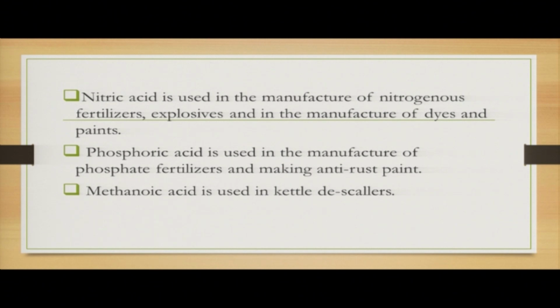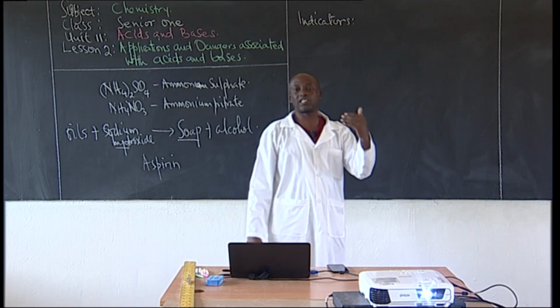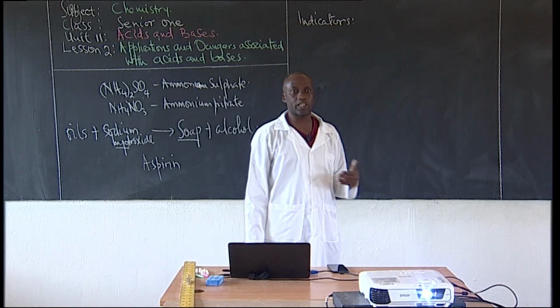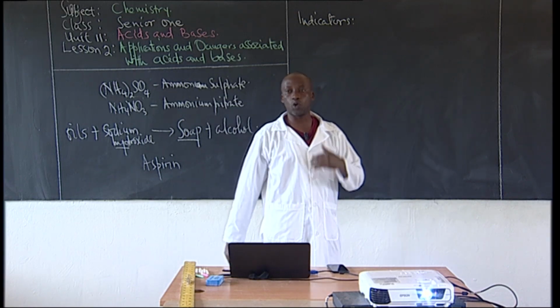Some of the dyes that we can talk about are actually indicators. If you remember, in the previous lesson yesterday, we talked about indicators. These are organic substances that can be used to detect whether a substance is an acid or a base.